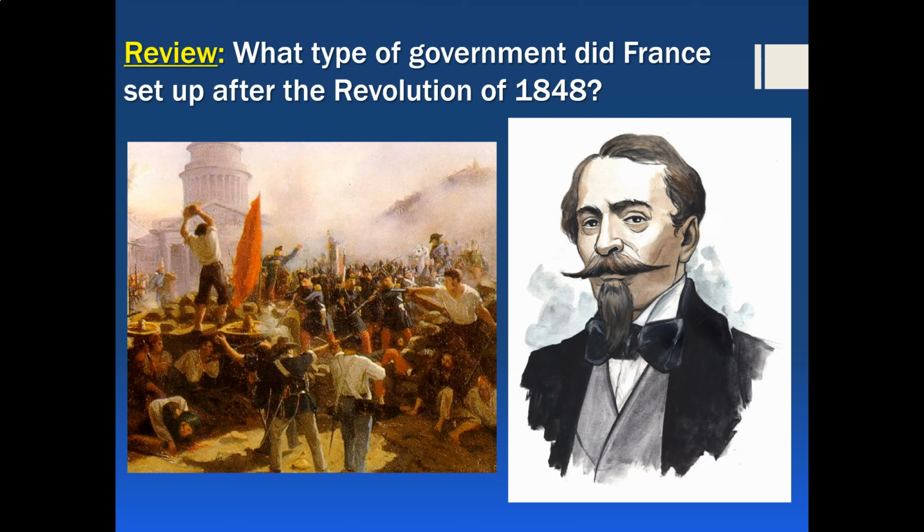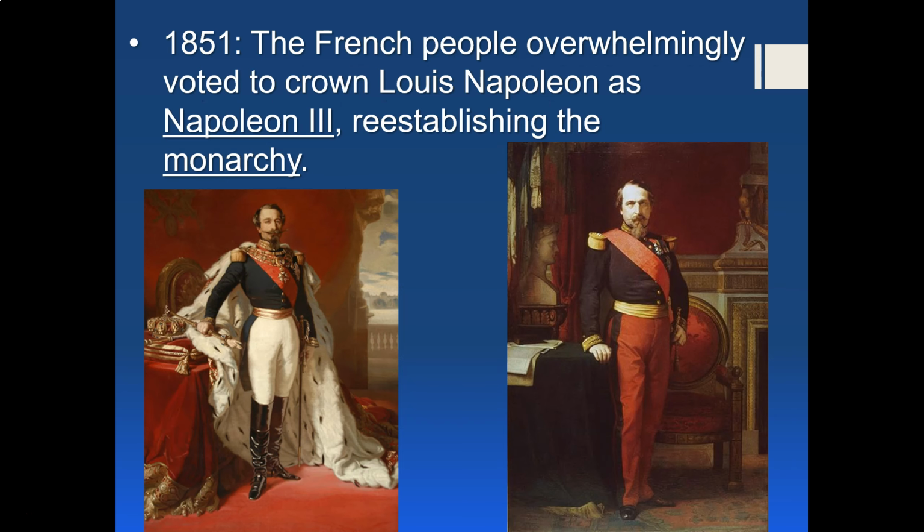Now, if you recall, the president of France after the revolutions of 1848 was this guy right here, Louis Napoleon Bonaparte. Like his more famous uncle, he decides being president, or whatever you want to call their title, is just not good enough. They want something more.